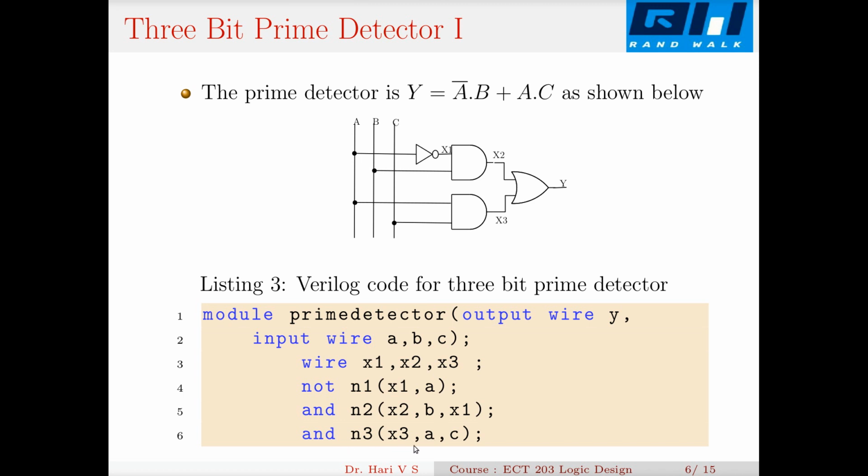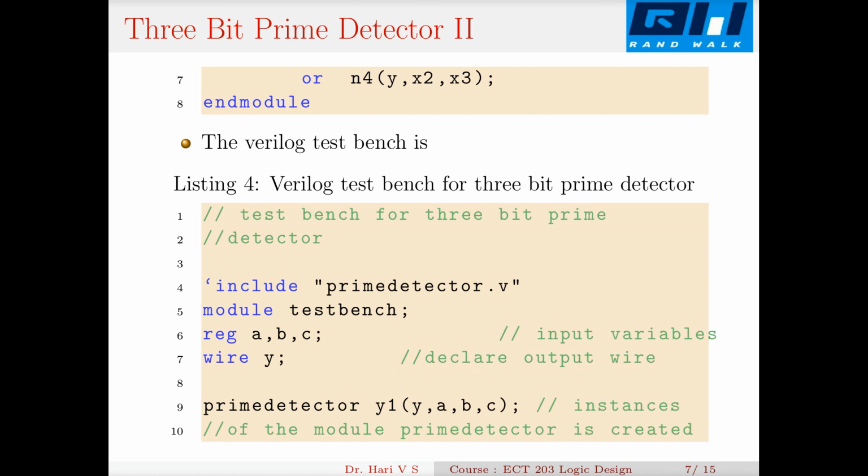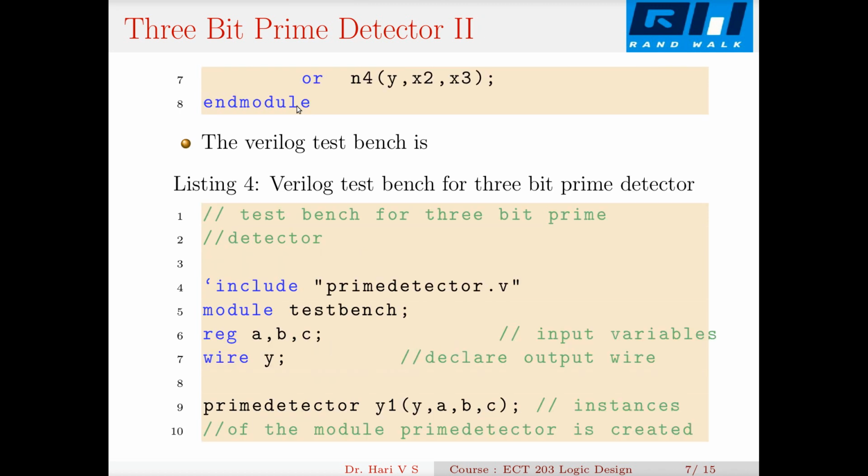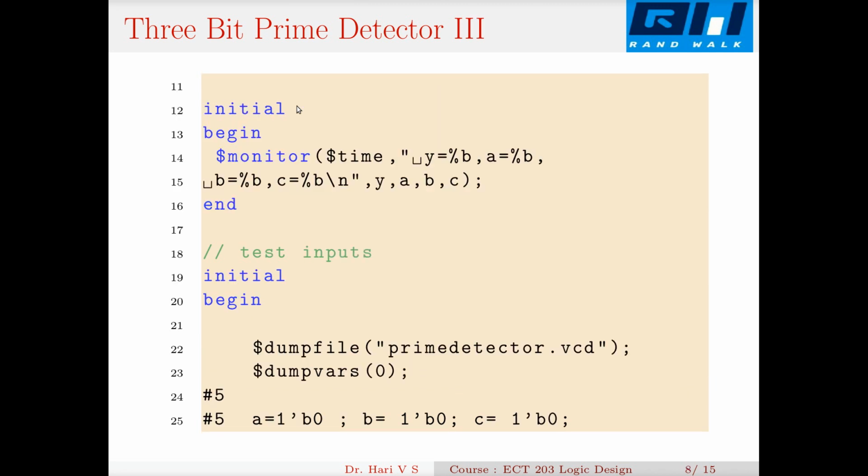This statement says that x3 is A and C. Now I have the last connection, that is x2 or x3, that is my output Y, that is a wire Y. Okay, and endmodule.